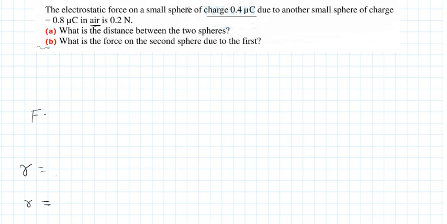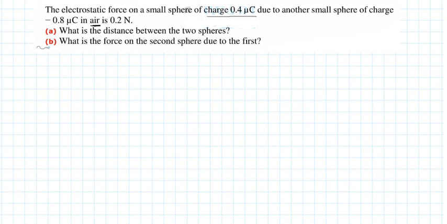Now, second question. The electrostatic force or Coulomb force on a small sphere of charge 0.4 microcoulomb due to another small sphere of charge minus 0.8 microcoulomb in air is 0.2 Newton.